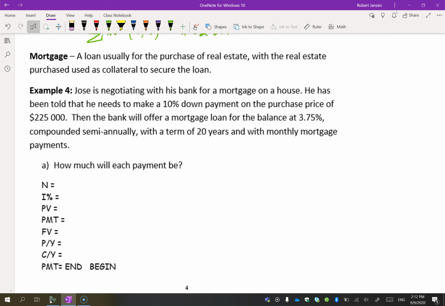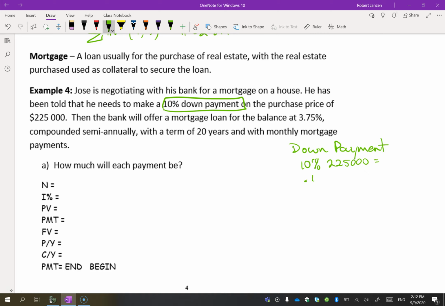Okay, let's quickly look at that 10% down payment. No bank is going to give you a loan for a house if you don't have any money to start with. What you always need to do is put down a down payment. You need to come up with an initial amount. So we want to know what is 10% of $225,000.